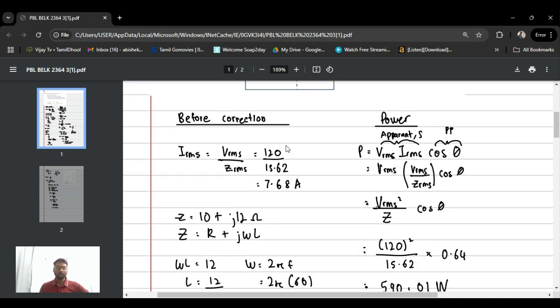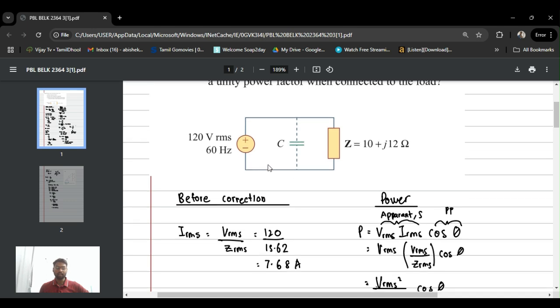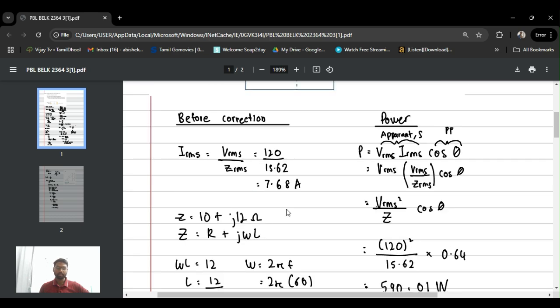So the current will be 120 divided by 15.62, which is 7.68 amperes. The current coming from the voltage source is 7.68 amperes and entering the load is also 7.68.